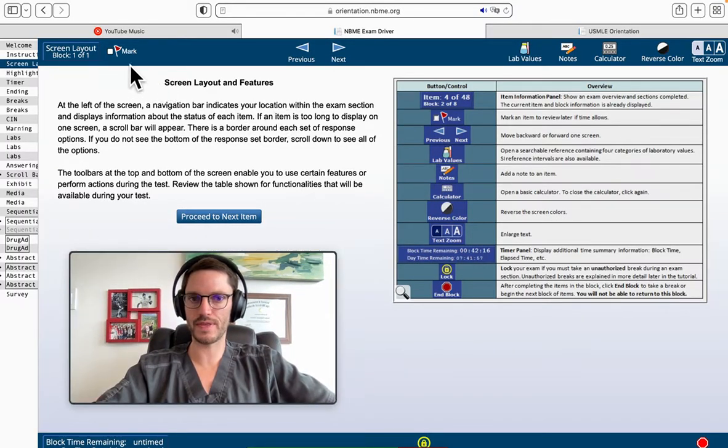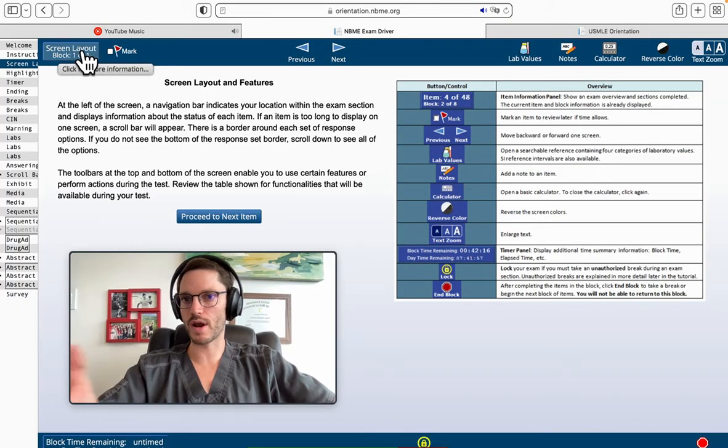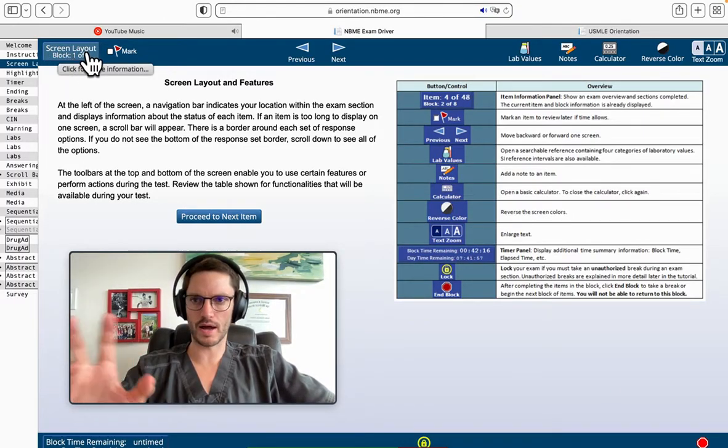And okay, so screen layout features. Let's look at this upper portion. This will tell you which item you are on in the test, so item 4 out of 28, and which block you are in. You probably won't have to be seeing this. I usually ignore this. I totally ignore it.